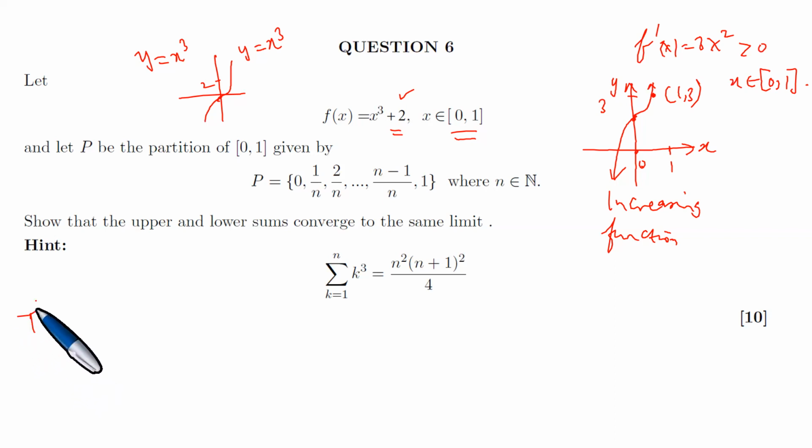How did you get this graph, 1 and 3? Okay, so I picked x equal to 1 because x lies between 0 and 1. So when x is 1, I substitute into the function. You get f of 1, which is 1 cubed plus 2, which gives us 3.